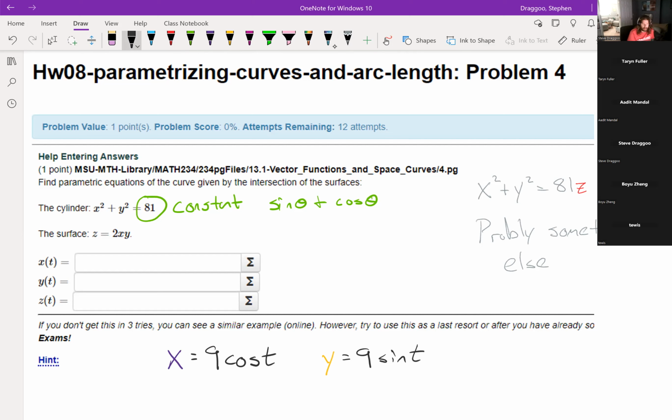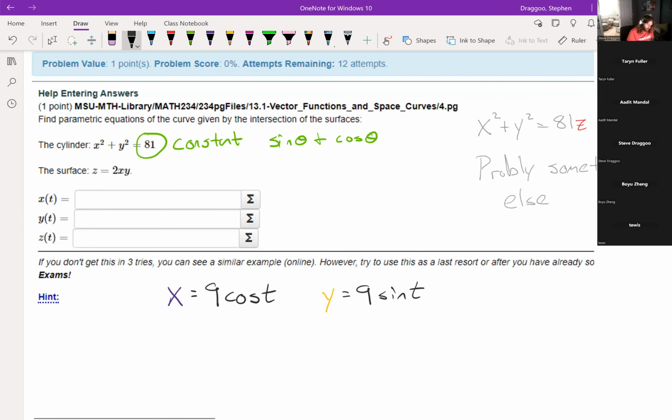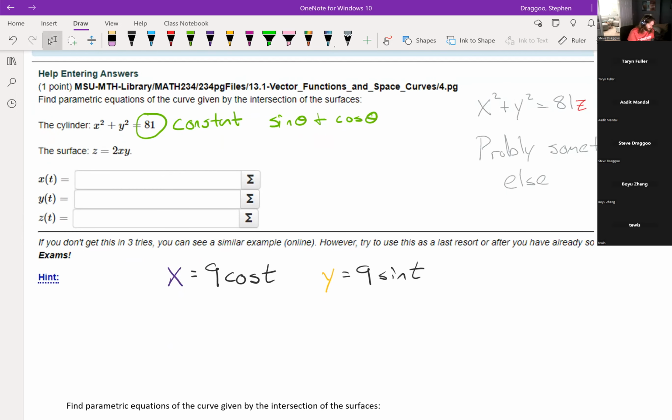And again, I'm pulling that 9 just from the fact that I have a radius of 9. It's equal to 81. Square root of 81 is 9.